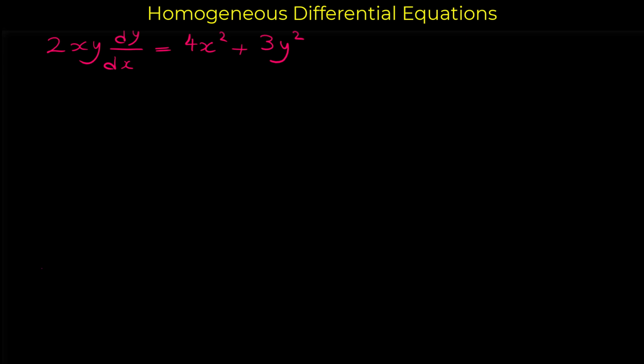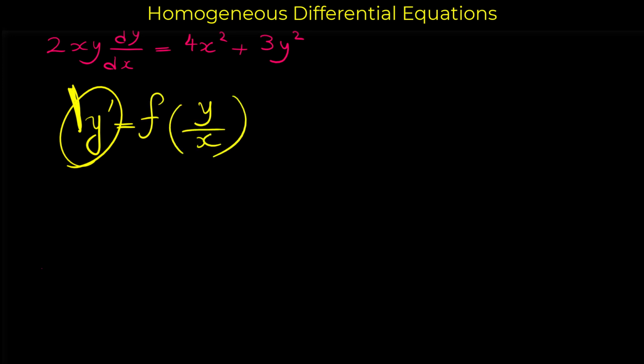In this differential equation, it is not clear that it is a homogeneous differential equation. But note that a differential equation is homogeneous if y prime, where the coefficient of y prime is 1, equals f of y over x. But here the y prime has this coefficient.